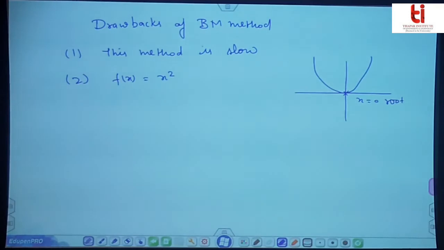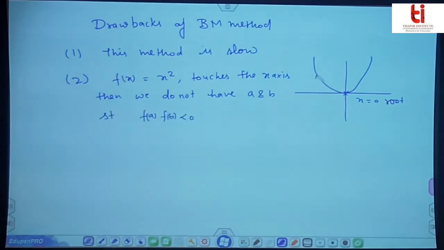So it touches the x-axis, then we do not have a and b such that f(a) f(b) is less than 0.